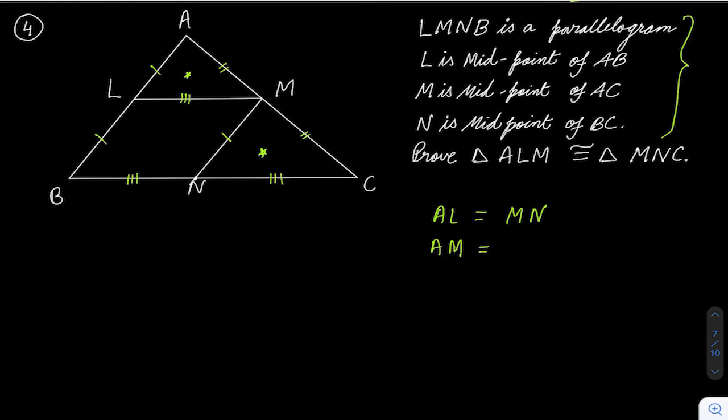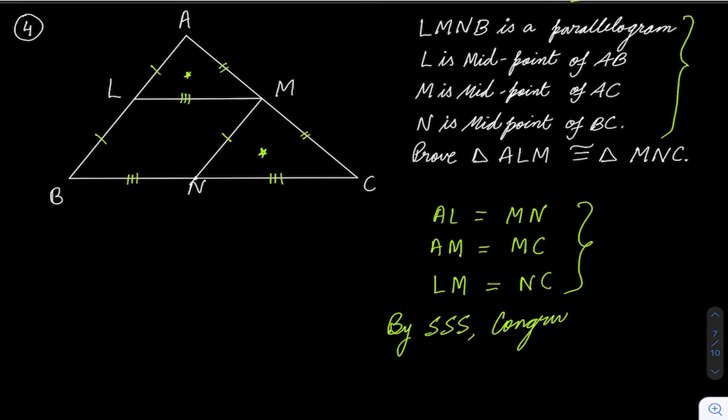AM is equal to the other side of the triangle, that is MC. And LM is equal to NC. Done. So by SSS, we can simply say these two triangles are congruent. Hence proved. As you can see, once you write this information, whatever is given in the question becomes a little easy.